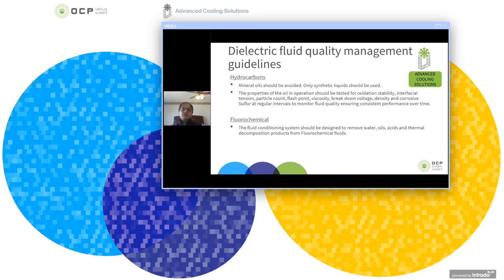The most important part here is, based on the studies available in the market and the past experiences of the solution providers as well as the integrators and end users, mineral oils or refined mineral oils or blends of mineral oils should be avoided.